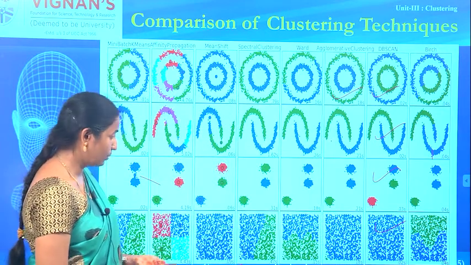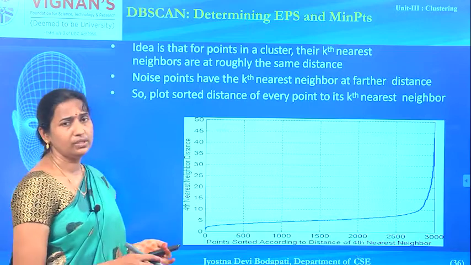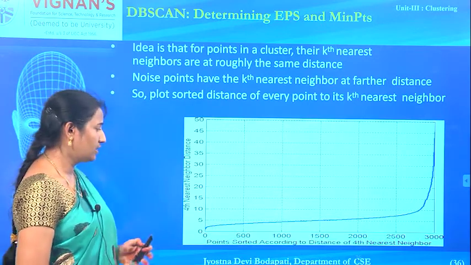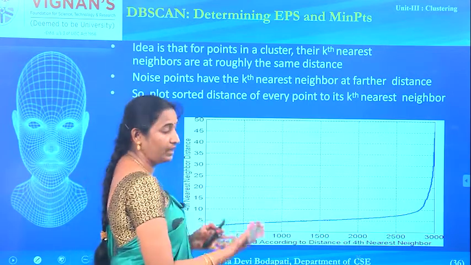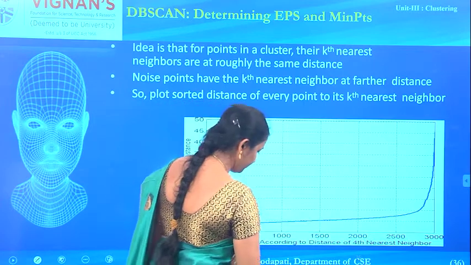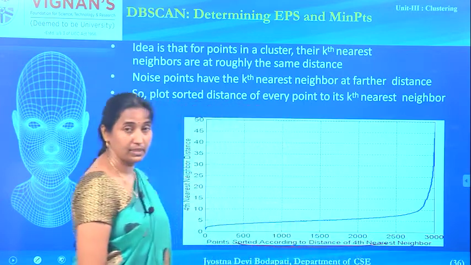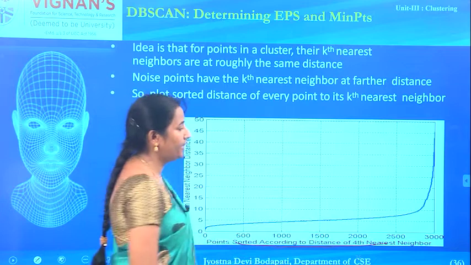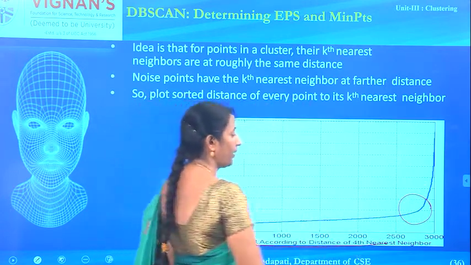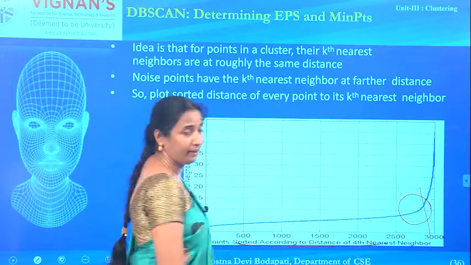So that is the effectiveness of the DBSCAN algorithm, and choosing the parameters is a little hard, and for that we can use some techniques. For every point, you identify the distance to its nearest neighbors, sort them, and plot it, and whenever you see this angular knee, you can identify this point as the parameter.